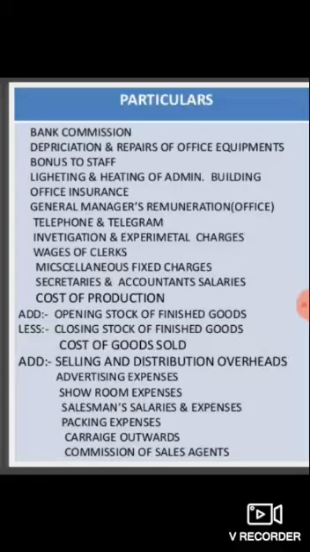And bonus to staff, so if any bonus is given to the staff, that bonus is also added under administrative expenses. And lighting and heating of administration building, if the company is in a cold area, and they are using a heating system for heating the office, or air conditioning in hot areas, those expenses are added under administrative expenses.